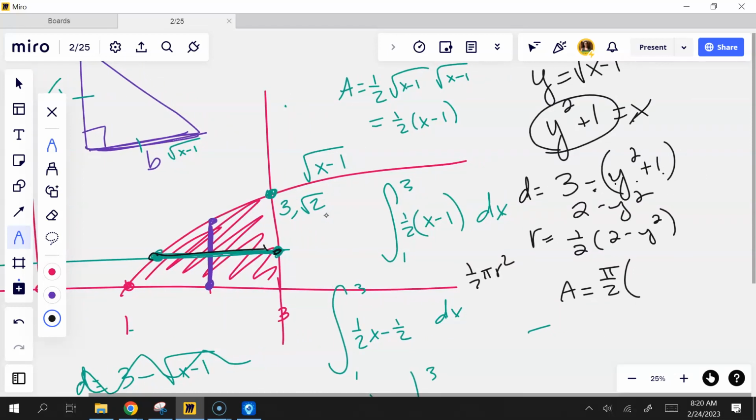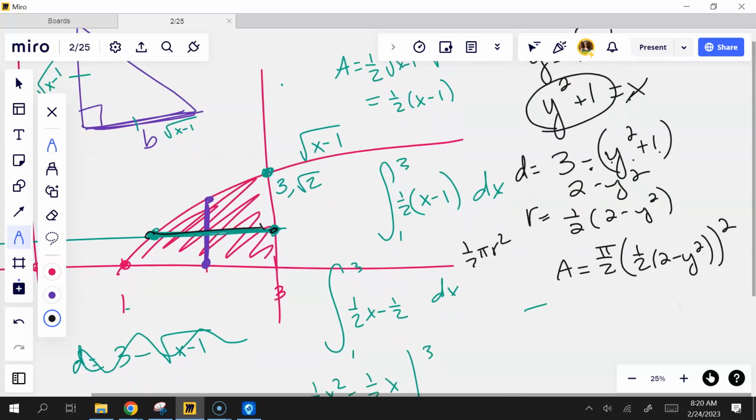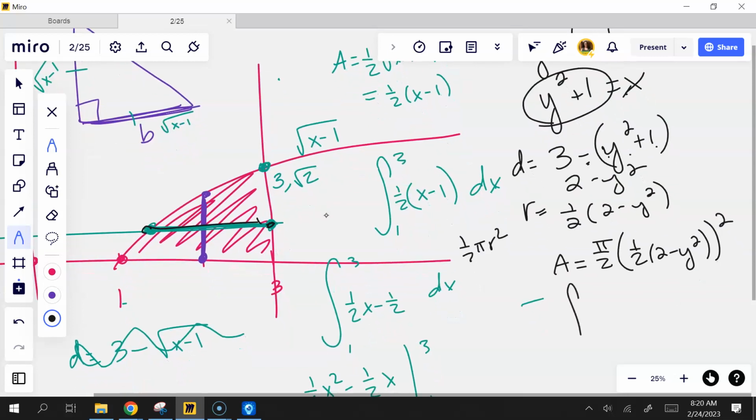All right, so half pi, and then I need to do 1/2 of 2 minus y squared, squared. Gross. So I'm going to do the integral from 0 to what?